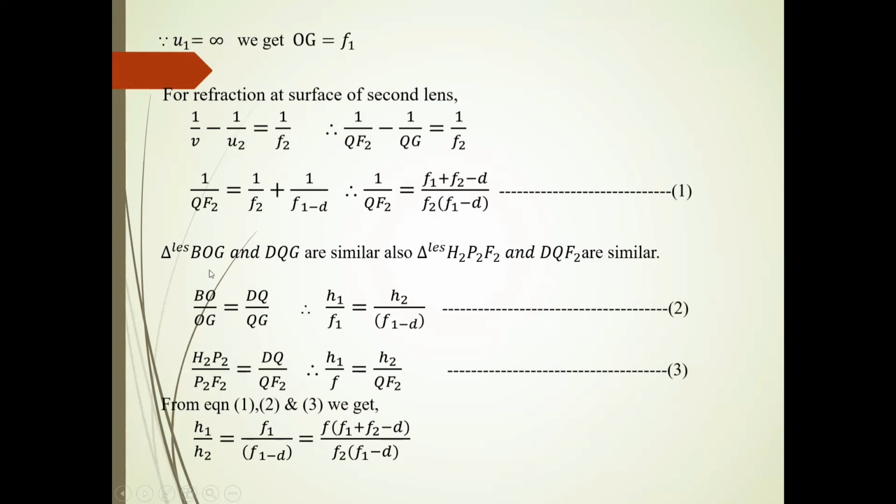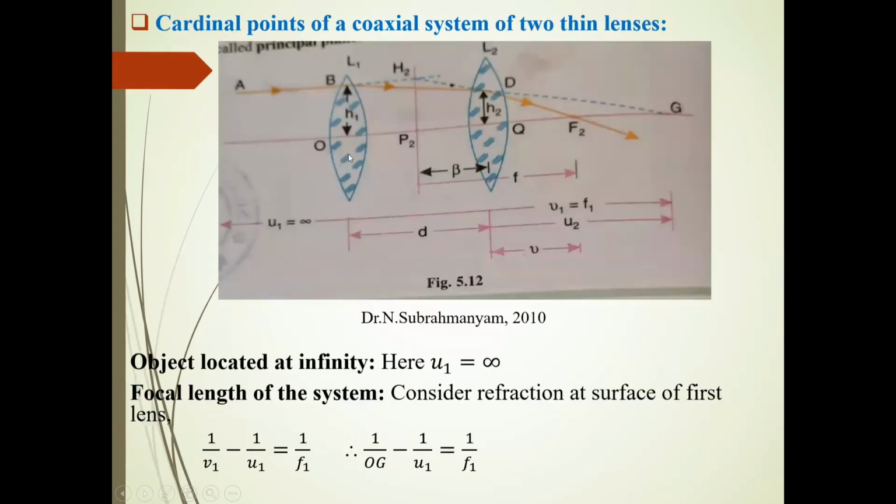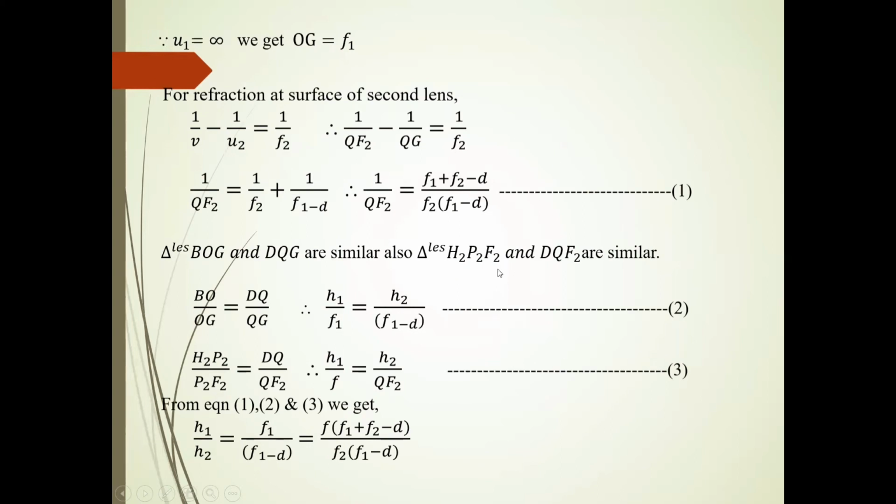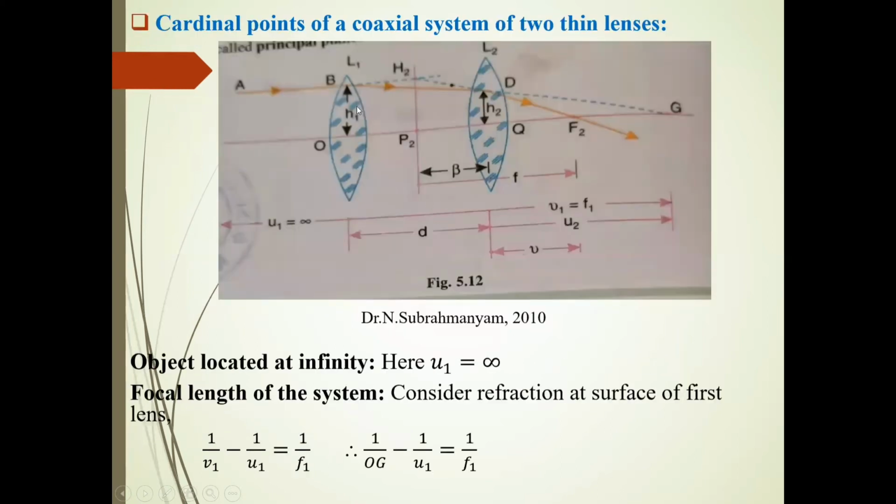Now see, triangles BOG and DQG are similar. Also, triangles H2P2F2 and DQF2 are similar.